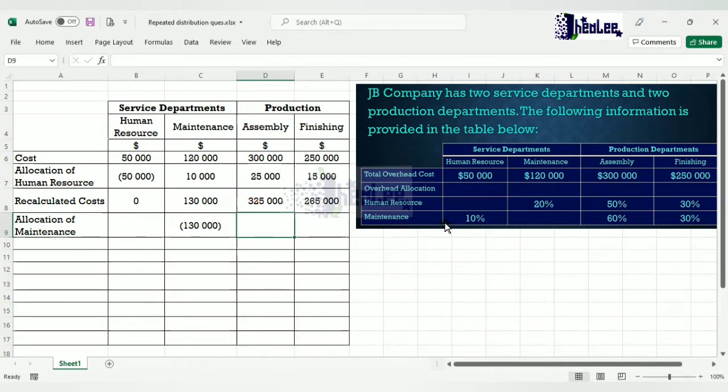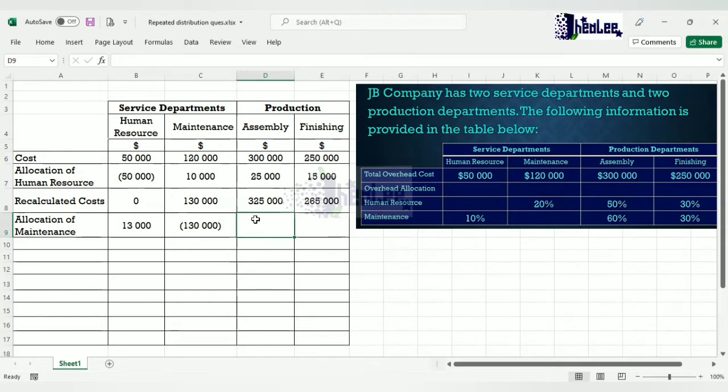Now, from the question, the maintenance department is providing 10% of service to the human resource. So 10% of that 130,000 gives us $13,000. Moving over to the assembly department, from the question, maintenance is providing 60% to the assembly department.